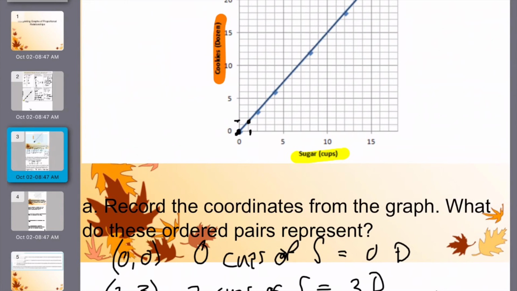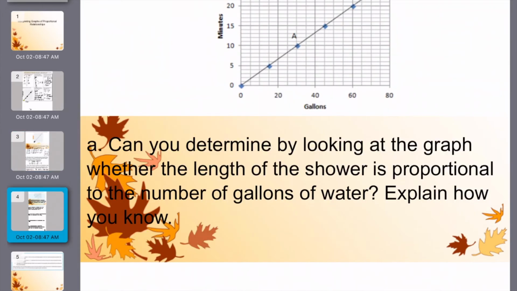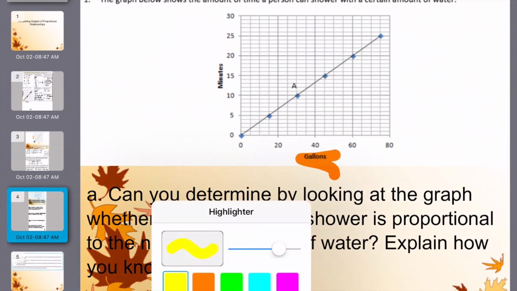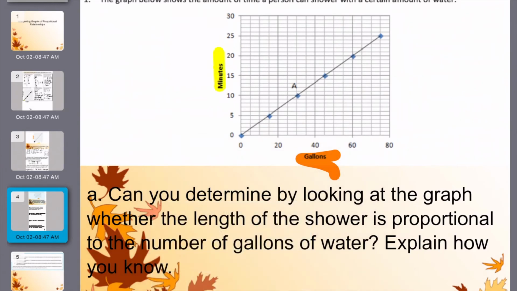All right, let's move on to the next problem, our final problem, really extending all of this together. So the graph below shows the amount of time a person can shower with a certain amount of water. So I see that I have gallons and I have the number of minutes that it takes to shower.